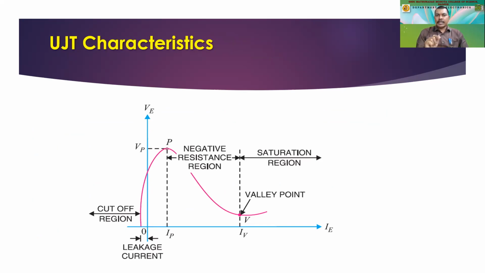Now, in UJT characteristics, we have a difference. We take the characteristics opposite to that, since we are increasing the emitter current and checking the voltage across the emitter. So we take the emitter current on the x-axis and the voltage on the y-axis.